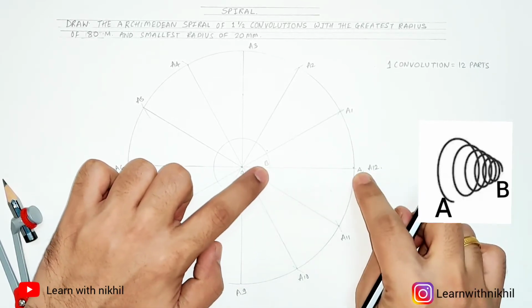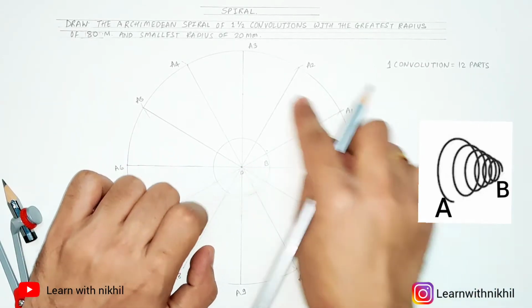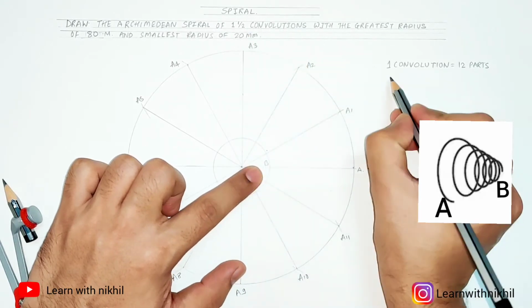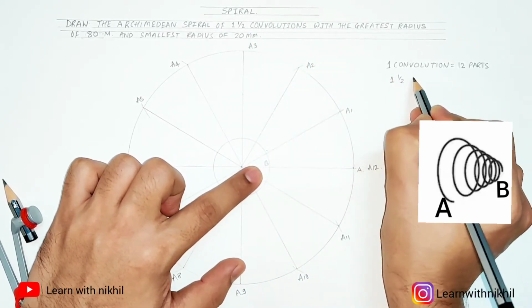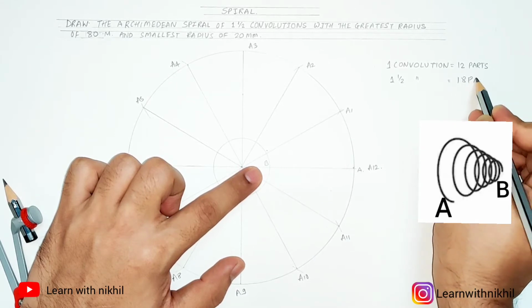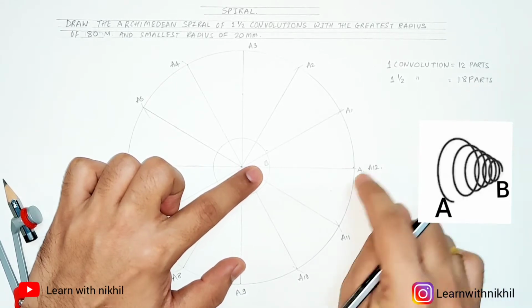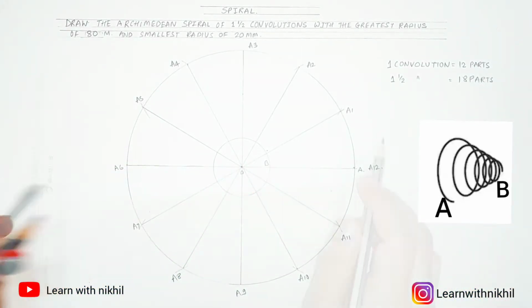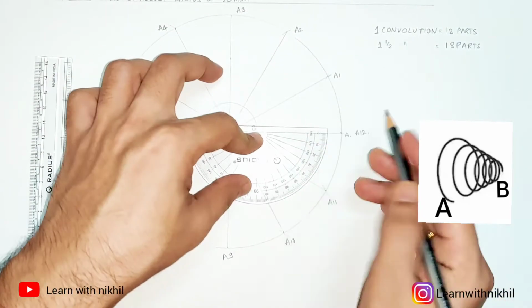So if you count from A, this is 12, and for half it will be 12 divided by 2. So the total will be 18 parts, that is 12 plus 12 divided by 2. So 1.5 convolutions will be 18 parts.